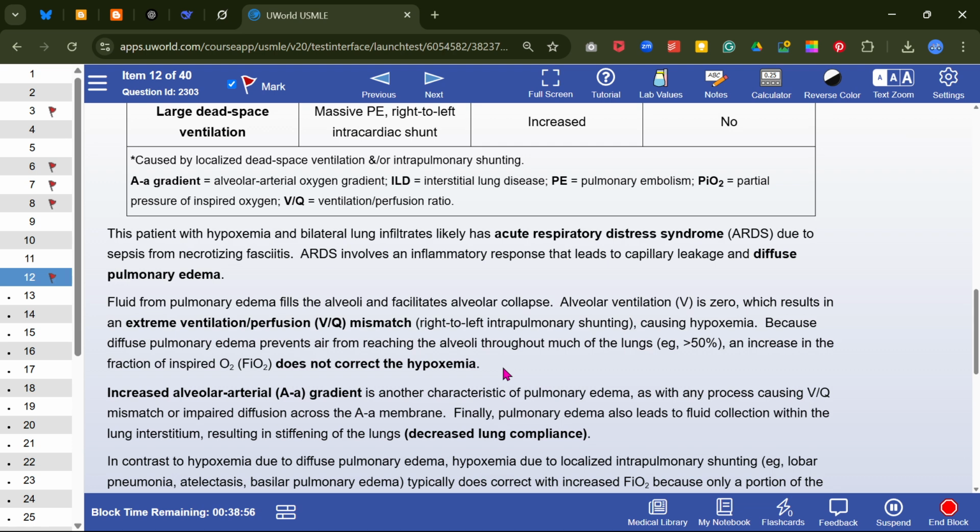So this patient with hypoxemia and bilateral lung infiltrate likely has ARDS.